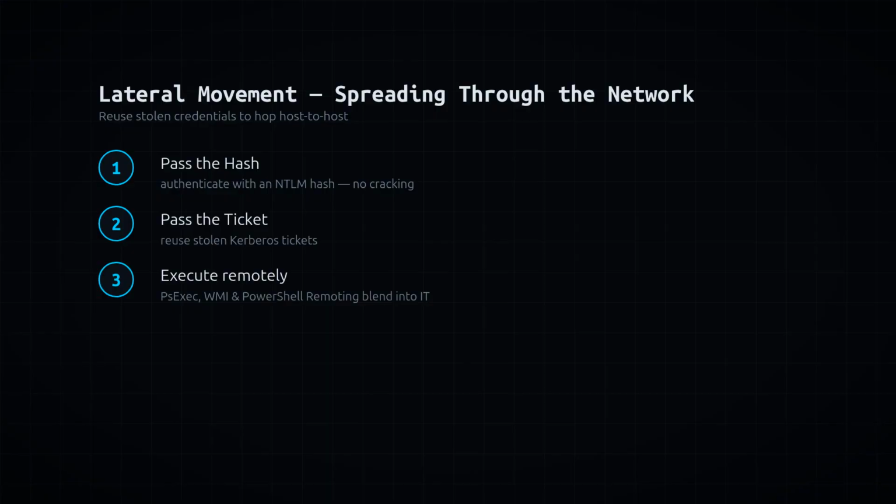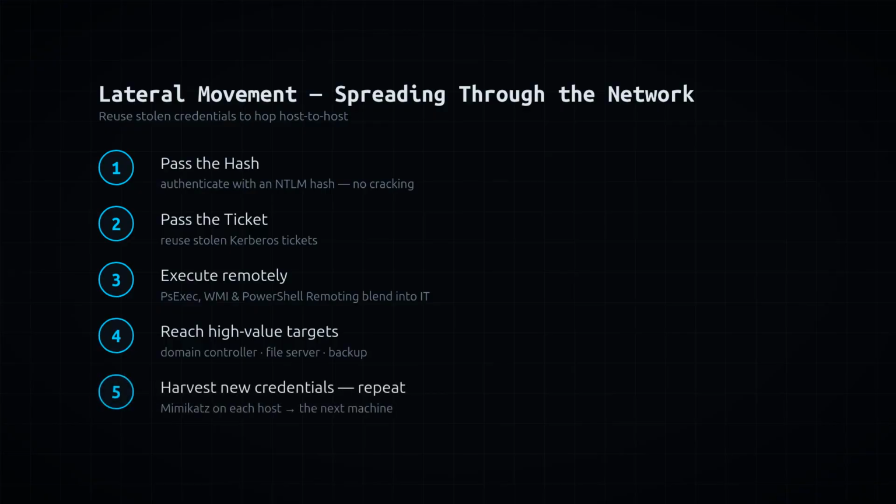WMI and PowerShell remoting are legitimate administrative tools that attackers use for lateral movement because they blend in to normal IT activity. The goal is reaching high-value targets: the domain controller, the file server with sensitive data, the backup server. Each machine reached potentially yields new credentials via Mimikatz, enabling access to the next machine in the chain.